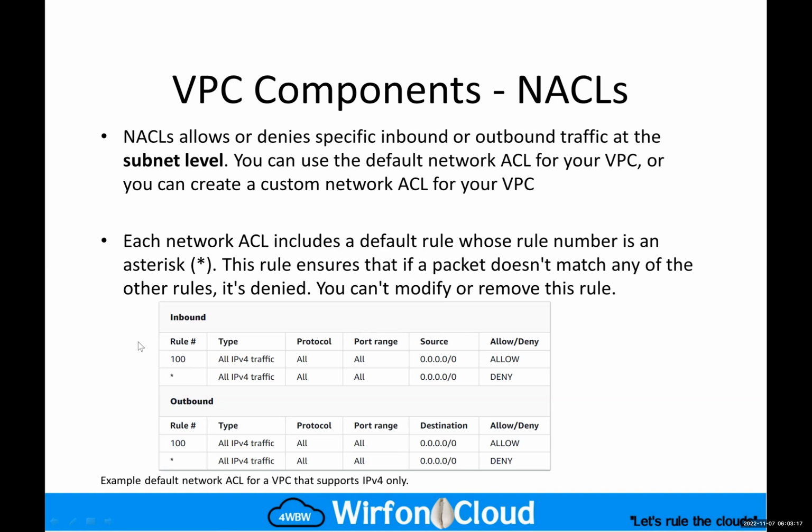So you can consider this star rule as being the highest number, or the last rule evaluated, which means that for any traffic, if we've not found any that matches the previous rules, then we perform a deny on them. So again, we have both outbound rules and inbound rules in all our VPCs.